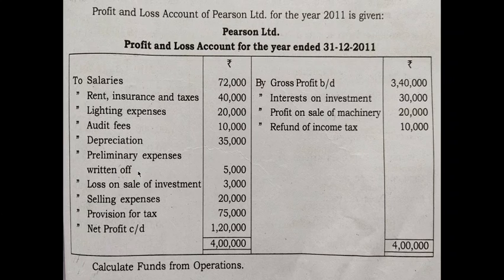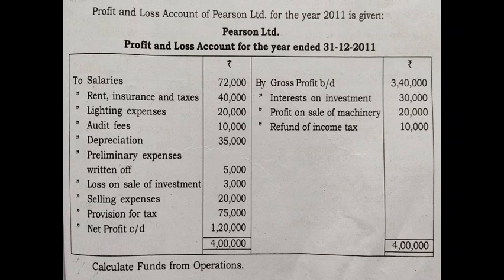So here preliminary expenses written off, as we have studied earlier, is a deferred revenue expense, for which you would prepare an account. Since this is a case of a profit and loss account, we are not preparing any non-current accounts. So we are directly taking the amount. I hope you understand the concept.